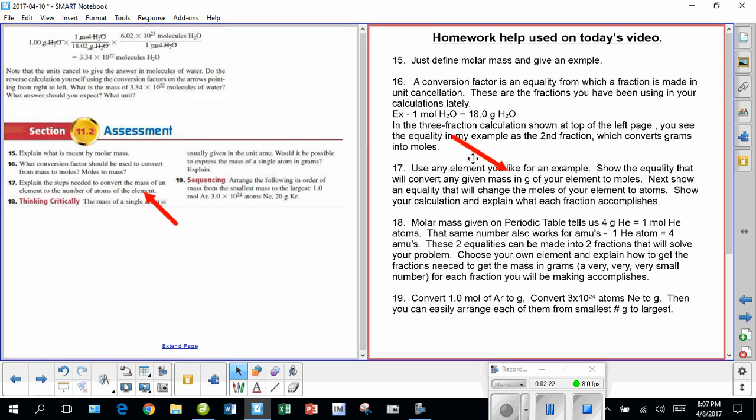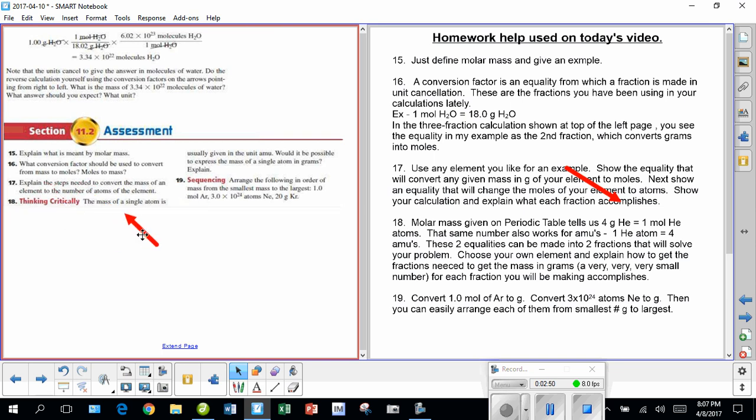That's what I'm reading over here. Show the equality that will convert any given mass in grams of your element to moles. And then next, show an equality that will change the moles of your element to atoms. Show your calculation and explain what each fraction accomplishes. That's what I'd like to see in your answer for this.